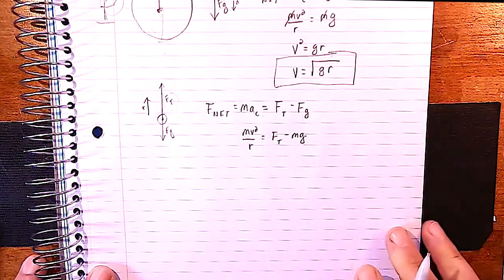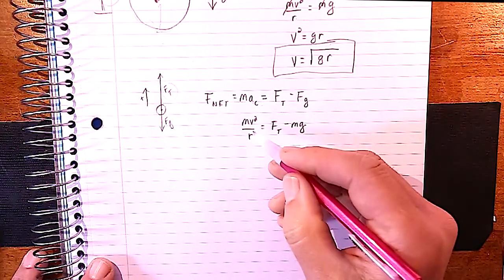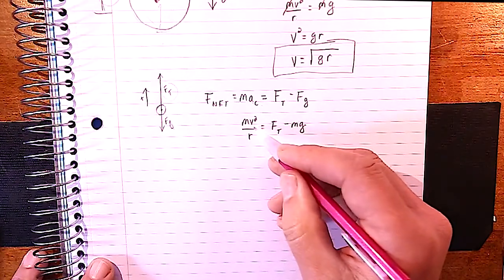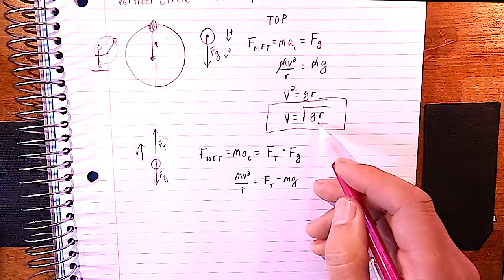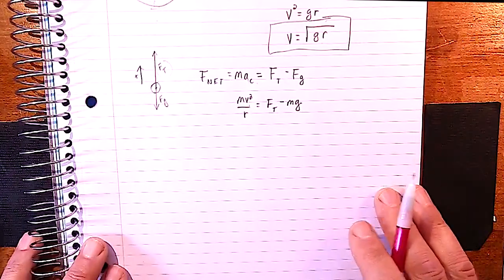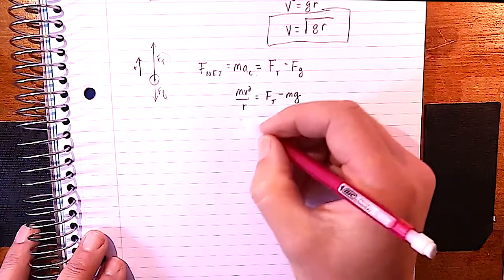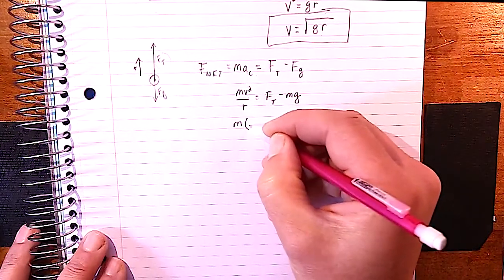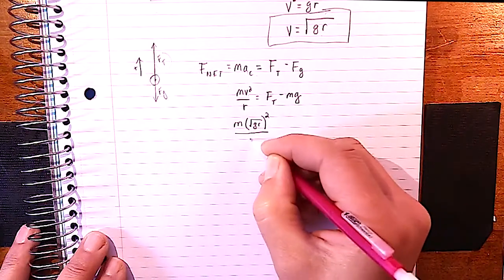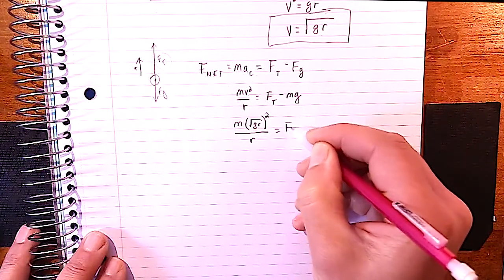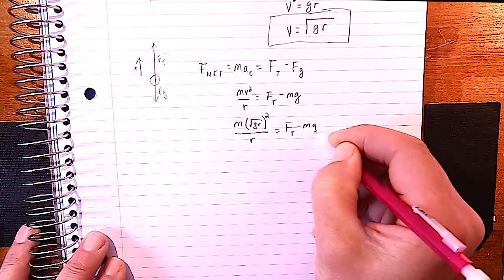So to solve for v, we know that v is the constant speed that we solved for in the problem before, the square root of gr. So we can sub in m, and then that's going to be the square root of gr squared over r is equal to ft minus mg.